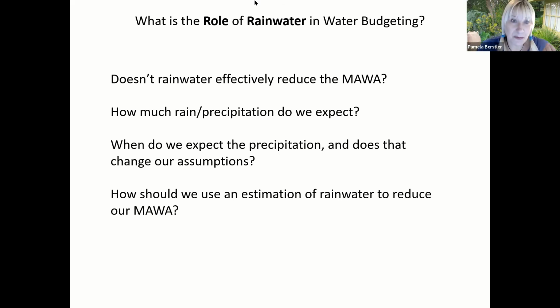From a regulatory point of view, which is really where the water budgeting is coming from, I think rainwater should be used to reduce the amount of water that is permitted for a particular place.